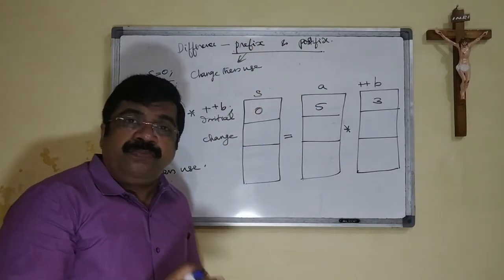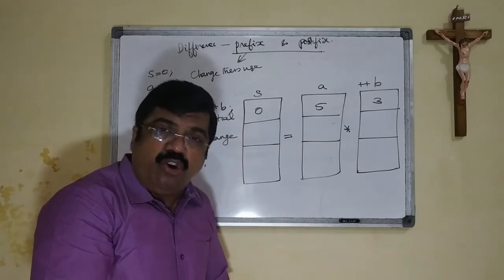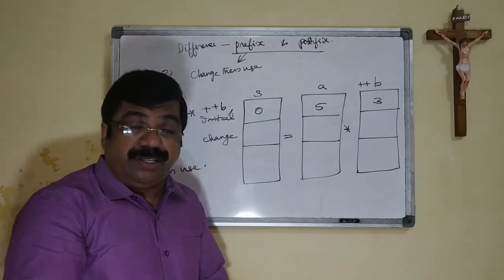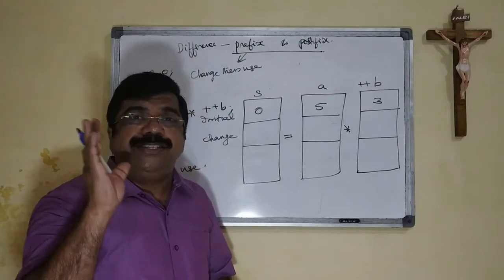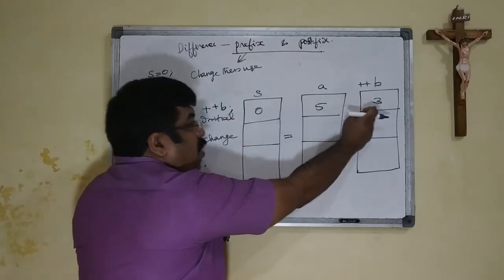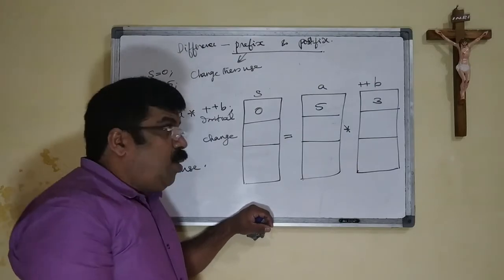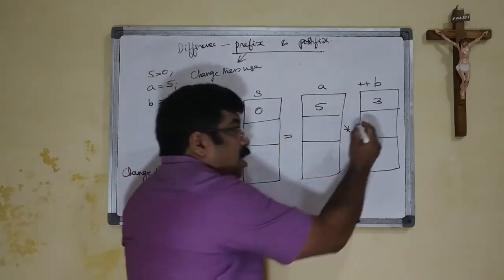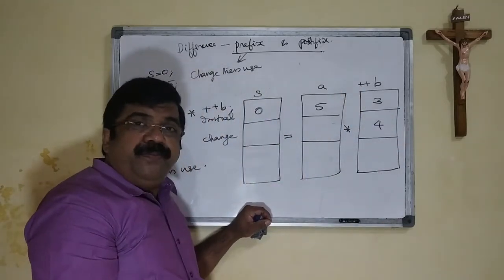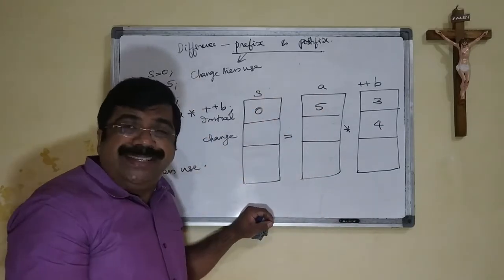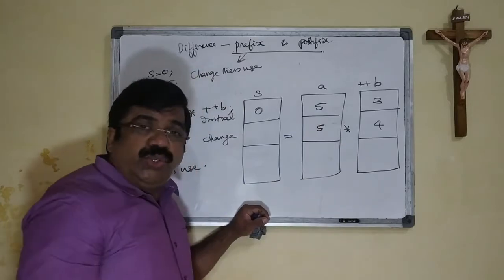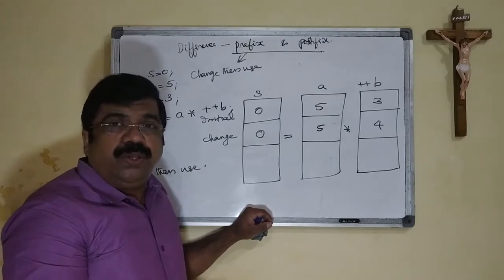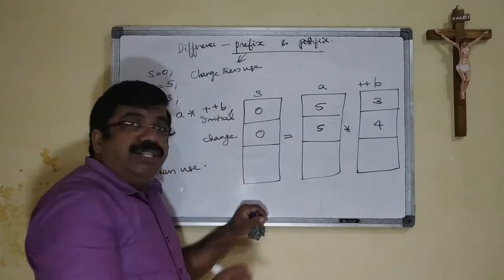The variable which is given with the prefix increment or decrement operator will be changed, that means its value will be changed. See which variable is having the prefix one? B. What was the value? 3. 3 is changed, it becomes 4. A has no change, A will remain as it is. S will remain with the same value. That means we have the principle of change, then use.